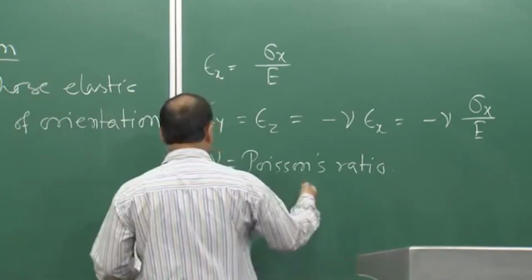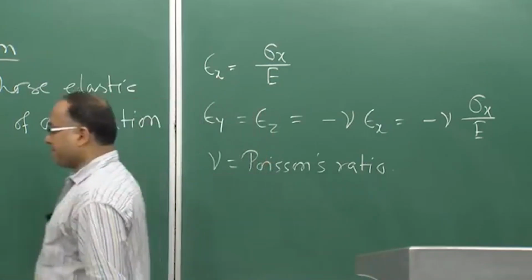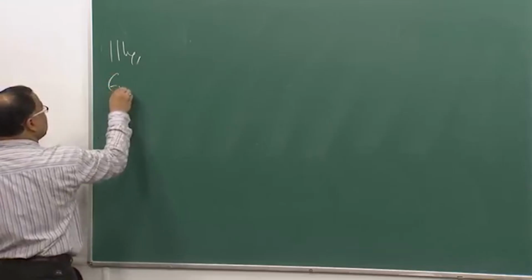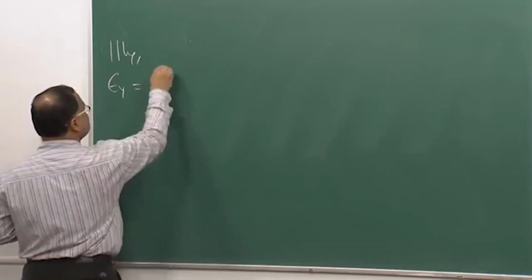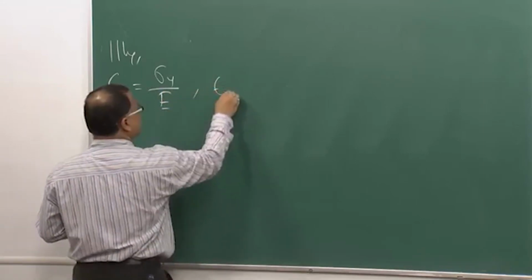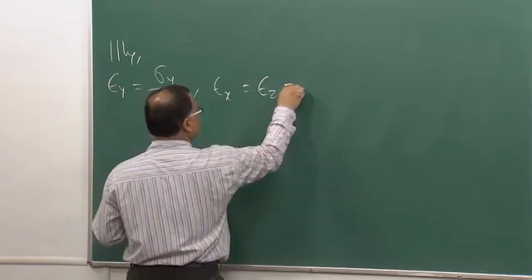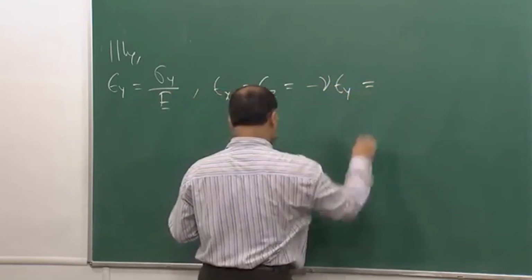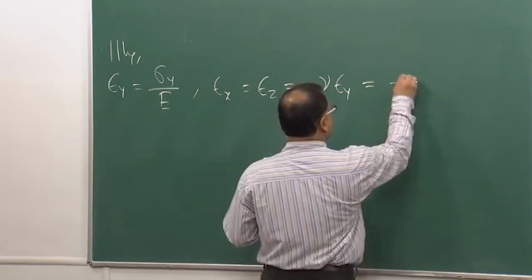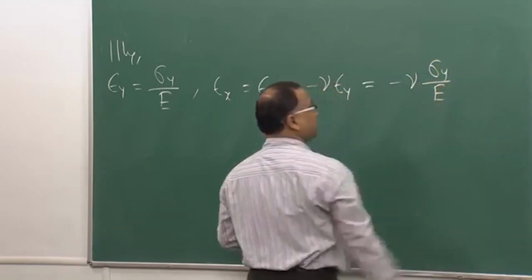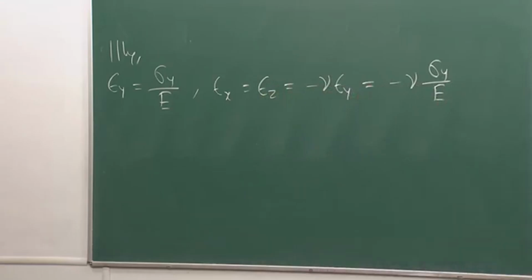Similarly, I can write epsilon y is equal to sigma y by E, and epsilon x, epsilon z equal to nu into epsilon y, is equal to nu into sigma y by E. In this case only sigma x is applied.